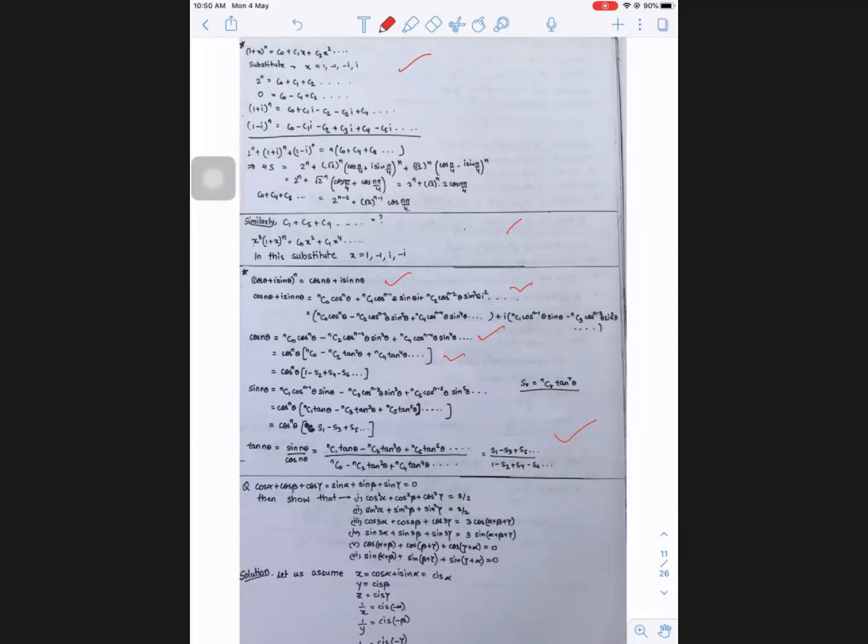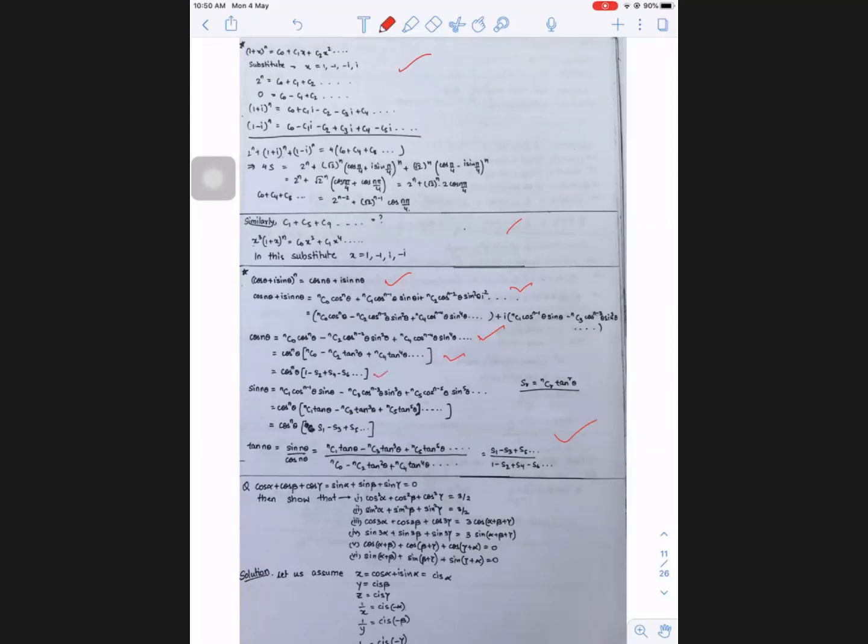The second term is what? Sin square by cos square will come, that is tan square theta. So taking cos power n theta common, it's 1 minus nC2 tan square theta plus nC4 tan power 4 theta, like that you will get.